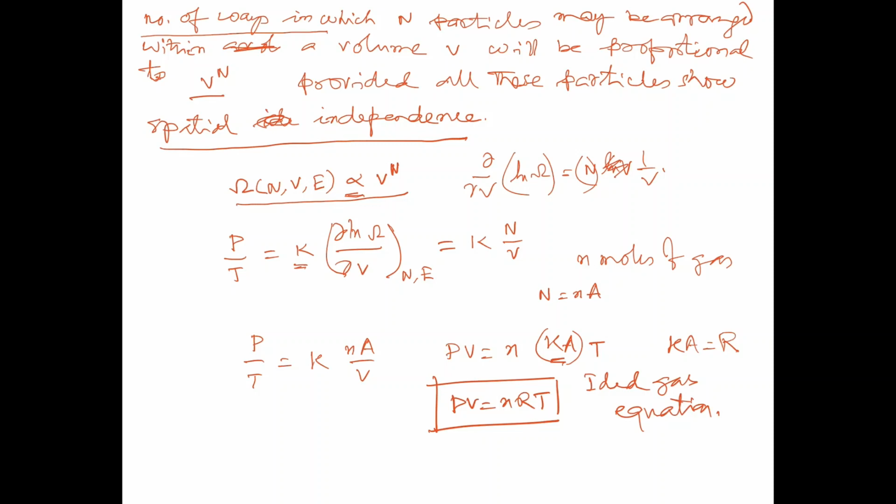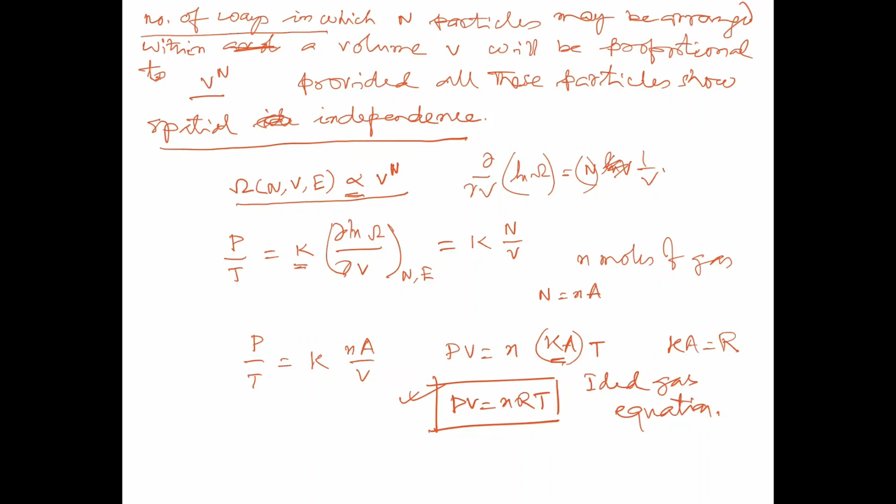But the approach that we have taken to arrive at this equation is new. If you remember, earlier what we used to do was mention Boyle's law, Charles' law, Gay-Lussac's law, and then we derived this equation, PV equal to nRT, for an ideal gas, just by taking these three laws. Now we are actually deriving it from statistical consideration.